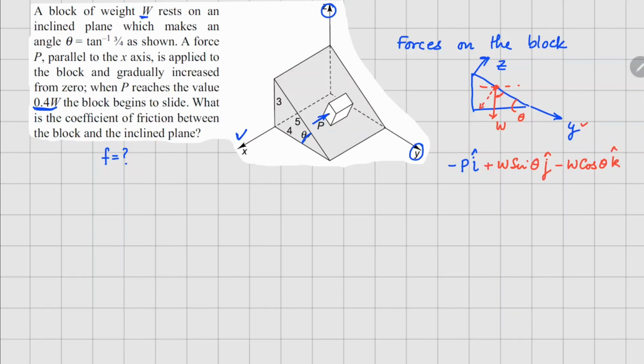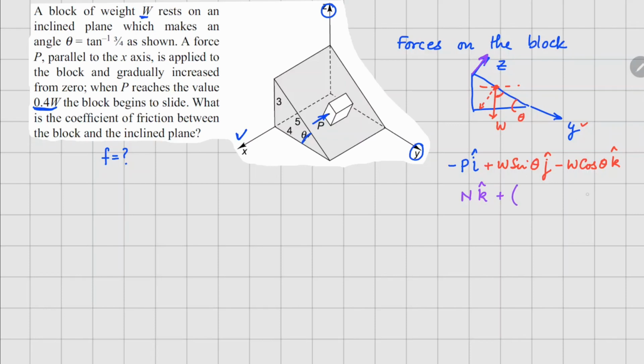That's why the negative sign. In addition to these forces, we are going to have a normal reaction, and normal reaction will always point in the normal direction here. Let's take the value of normal reaction as n, and it is going to point in the k cap direction.